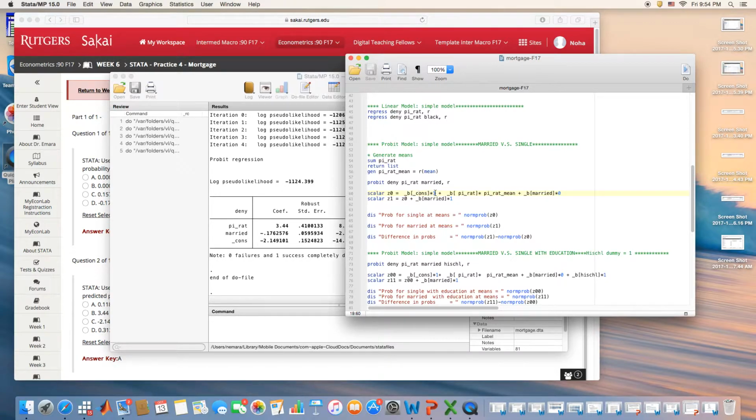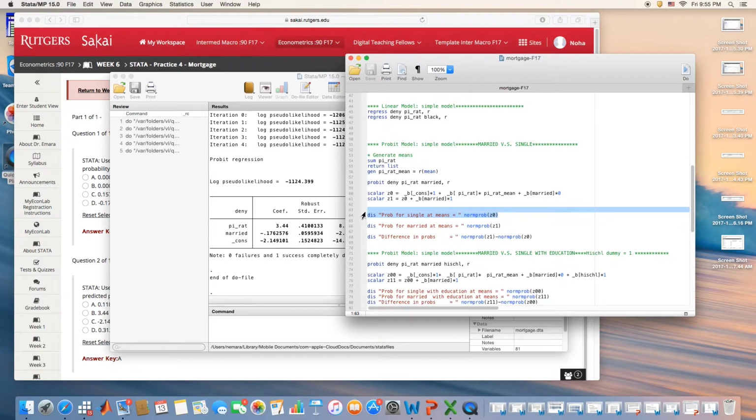So we have the first one, which is the constant multiplied times 1, or just the constant, plus the beta, which is the parameter of the payment to income ratio, multiplied times the payment to income ratio at the mean, which we have created right here, plus beta married times 0. So that means when I create the scalar, which is z0, it would give me the probability of the person who is single. And that's what I'm calling here.